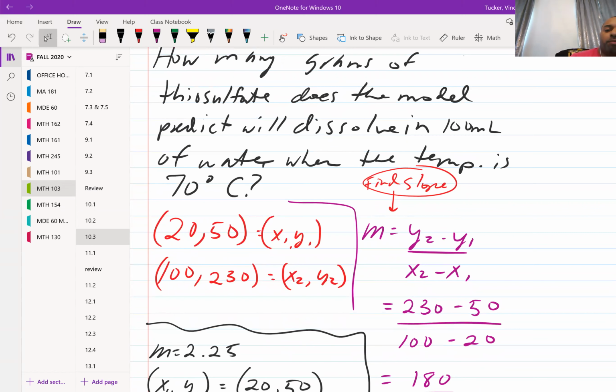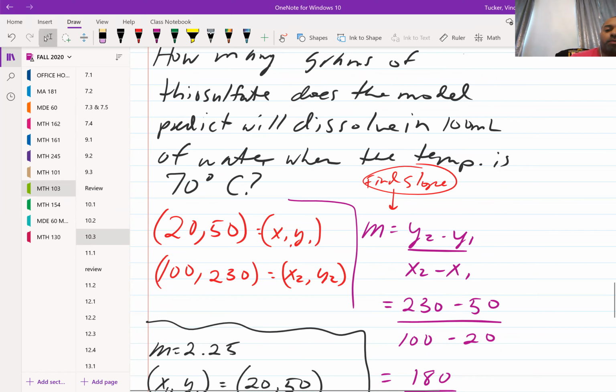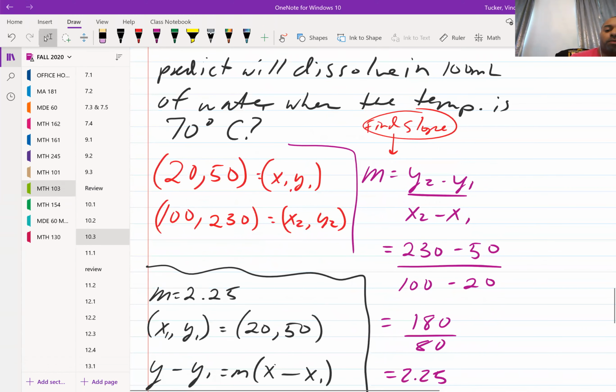Right here in purple is us calculating our slope: Y2 minus Y1 over X2 minus X1. So that's 230 minus 50 over 100 minus 20. It's 180 over 80, and that's 2.25.